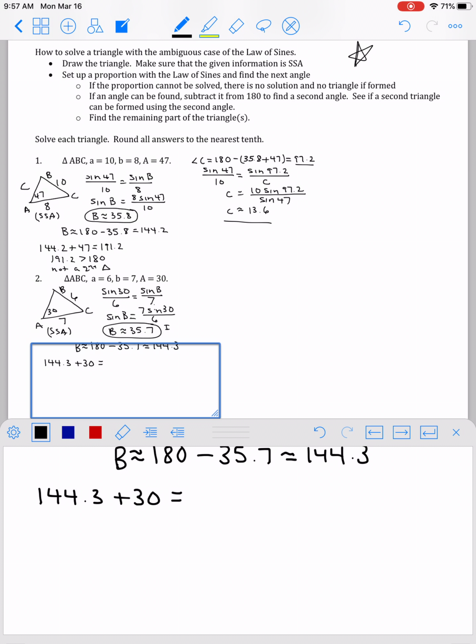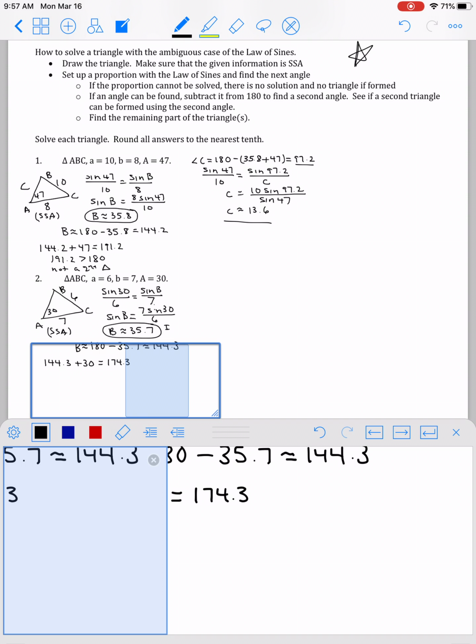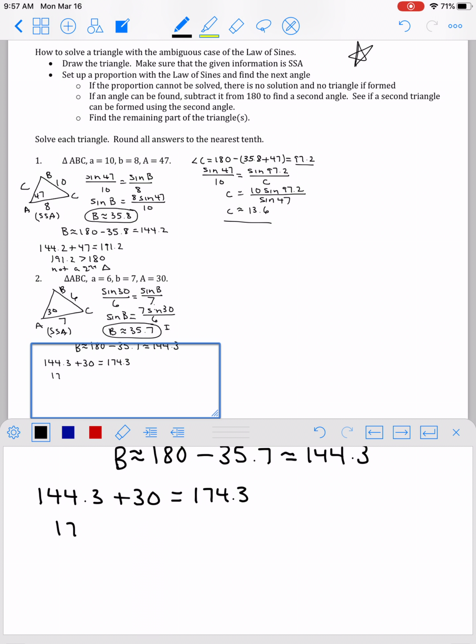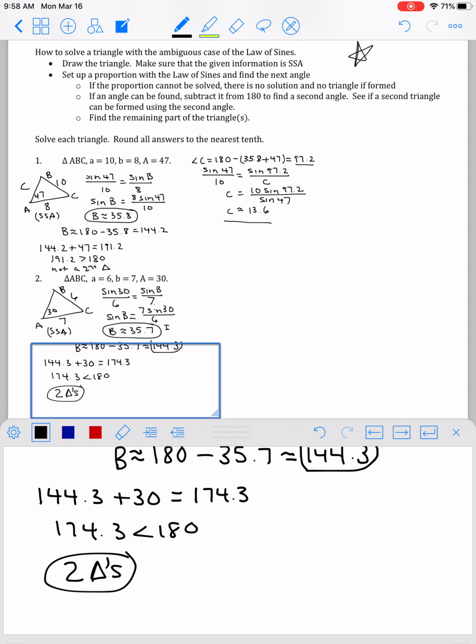So let's see, that would give us 174.3, and that 174.3 is less than 180, so now we're going to have two triangles. So the first angle B is the 35.7. The second one is going to be the 144.3.